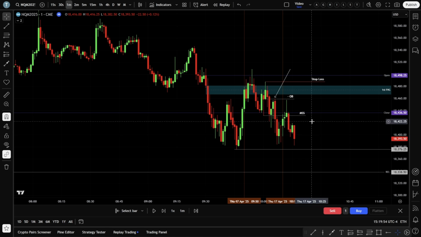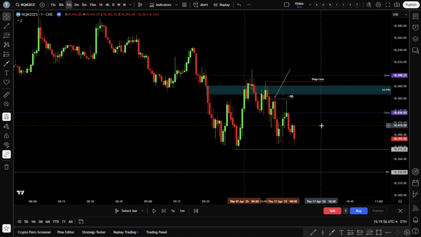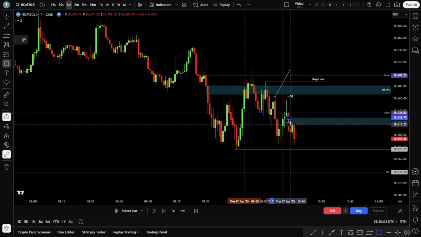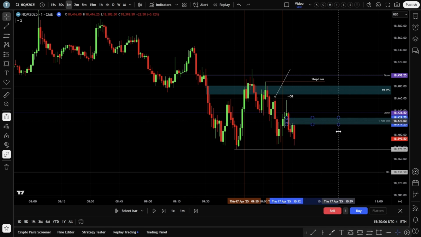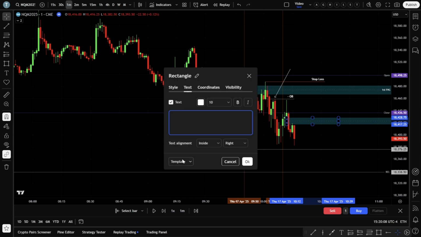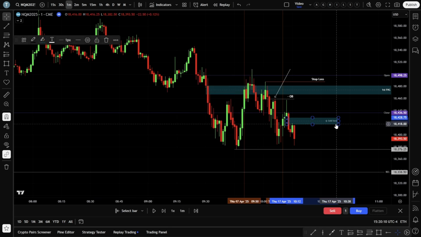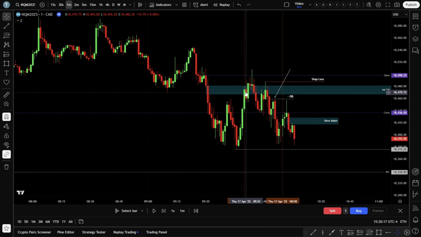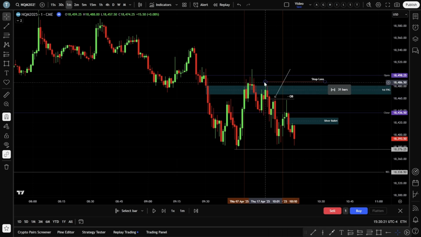Now right here, here is a fair value gap that we created. Now this is going to be your silver bullet for the 10 o'clock hour. Price is respecting the first presented fair value gap.